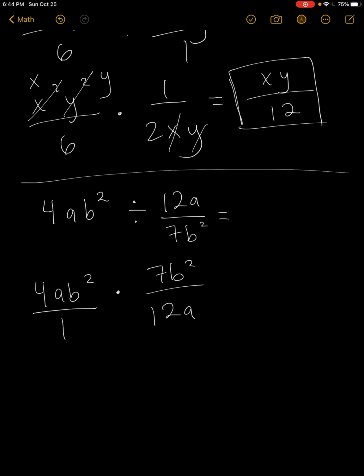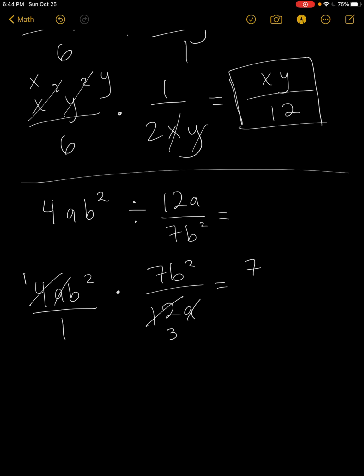Okay, and then if it helps, you can make this a fraction so you know what's on top and bottom, right? We do have some common factors in our numbers. 4 and 12 can both be divided by 4. So we're left with 3 there. Right, a over a is just going to leave me with 1.